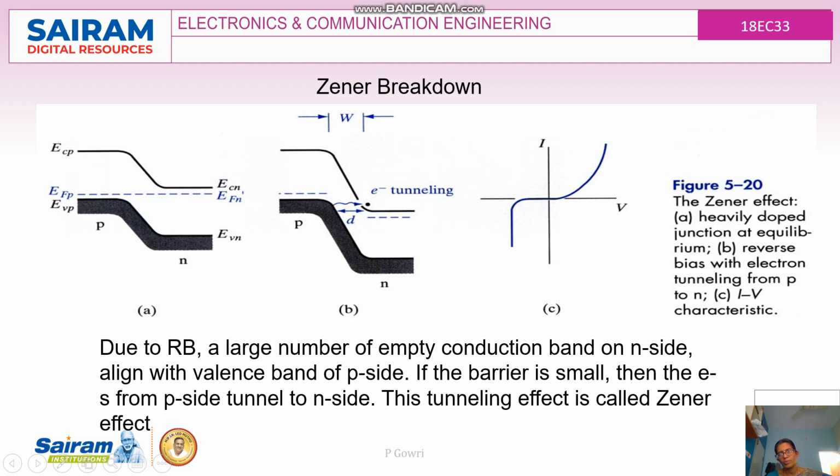When I reverse bias it, the electrons here will have a space to move to the other side. There will be an equivalent energy state which the electron can occupy, and due to that there will be a movement of charge carriers, and that results in the current which is called the Zener current.